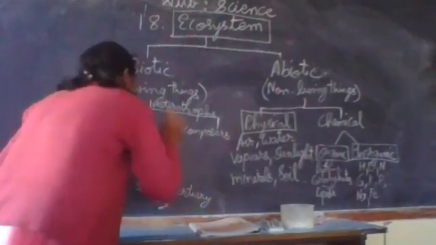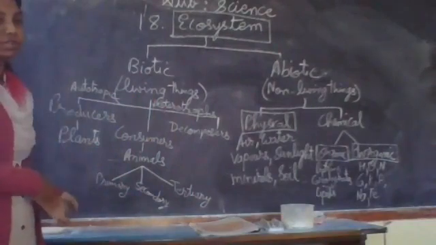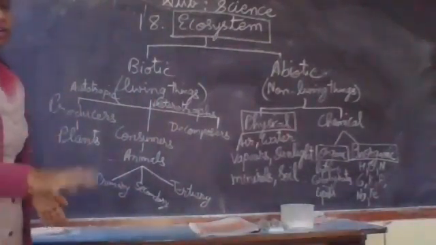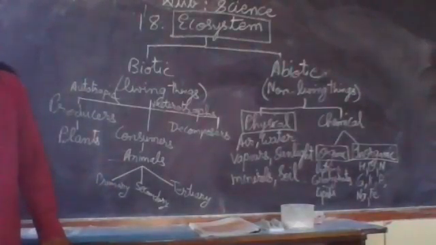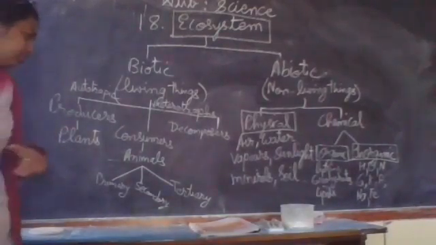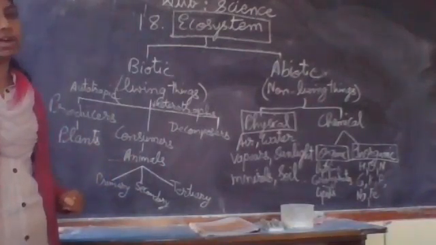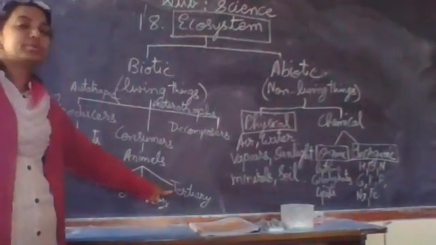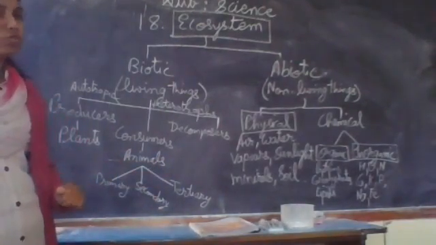Mostly, primary consumers are vegetarians, they are herbivores, they depend for their food on producers, that is plants. Secondary consumers depend upon these primary consumers for their food, and tertiary consumers depend upon the secondary consumers for their food.